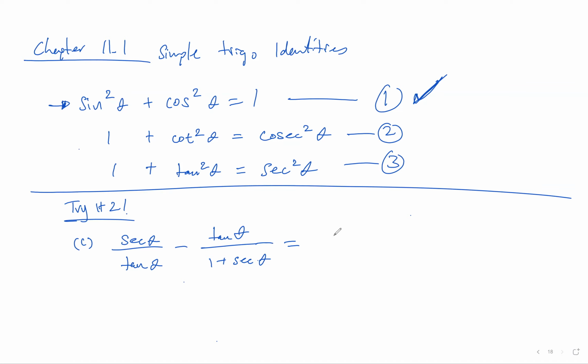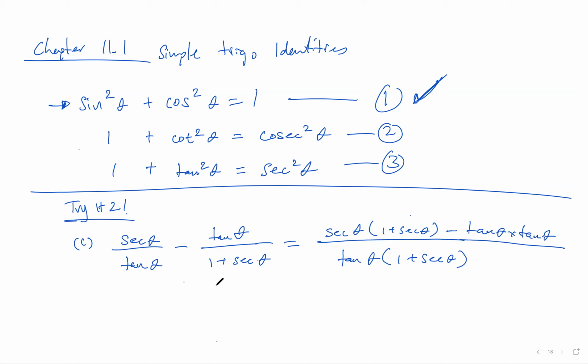You can have a common denominator. So you have tangent theta and 1 plus secant theta. On the top, you have secant theta times 1 plus secant theta minus tangent theta times tangent theta. It's like LCM.